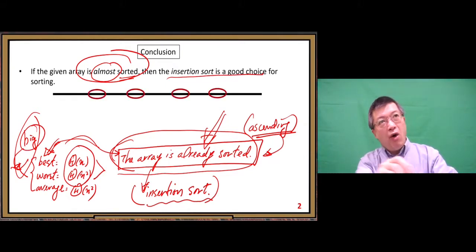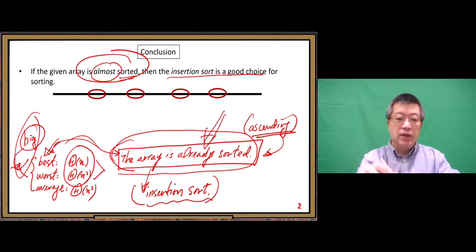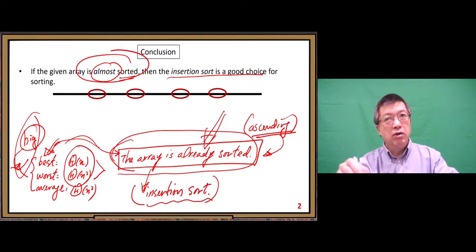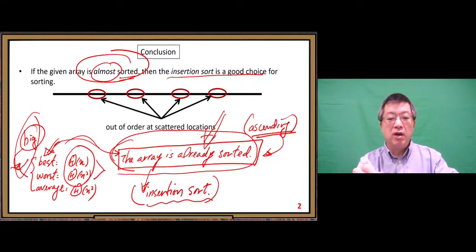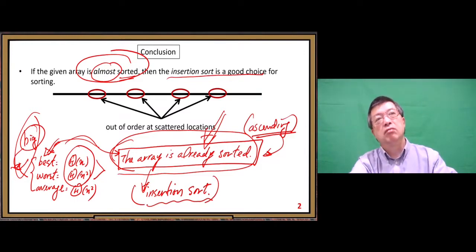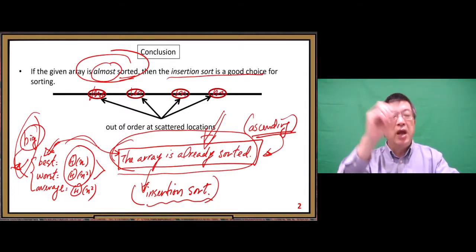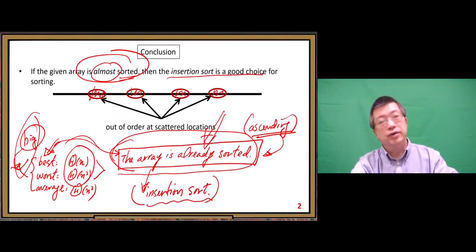So the whole array is almost sorted, but there is this red circle part. The red circle parts correspond to the out of order scattered locations. Only in these few places, it's not sorted. We need to fix them.